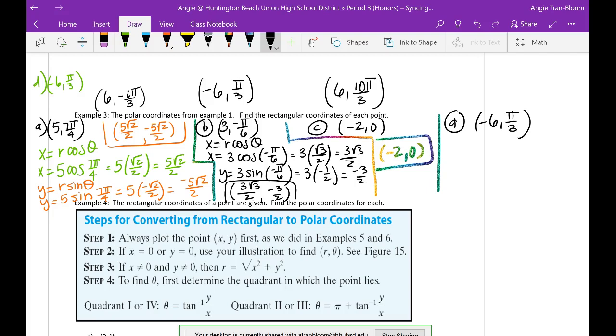Negative 3 comma negative 3. I went to Mrs. Hoffman and saw some unhealthy snacks. Someone said so. Why would you ever do that? Stealing is bad.